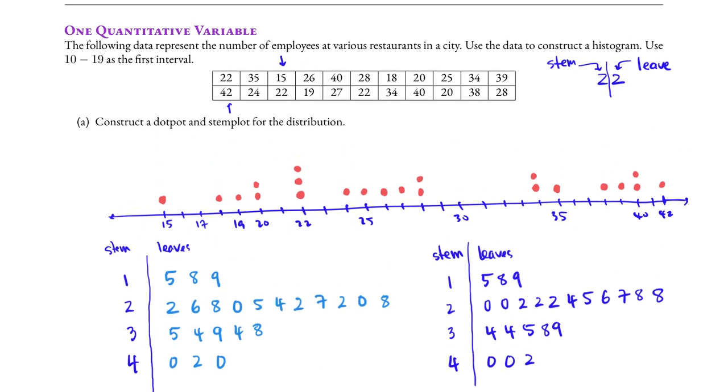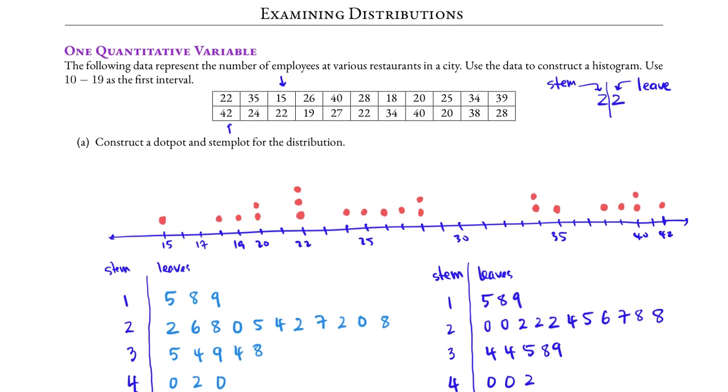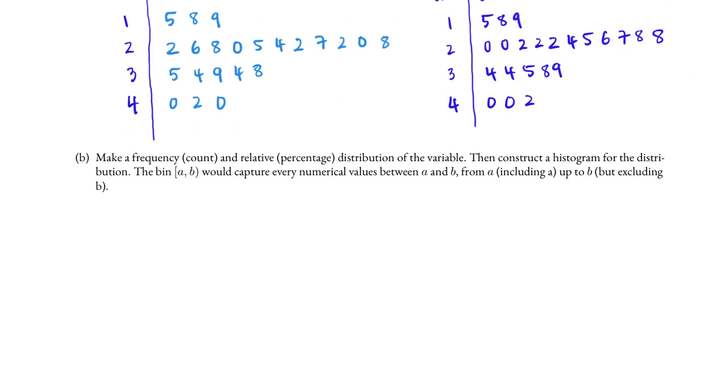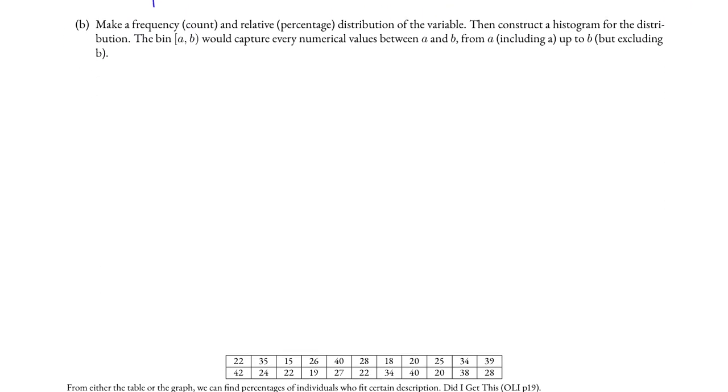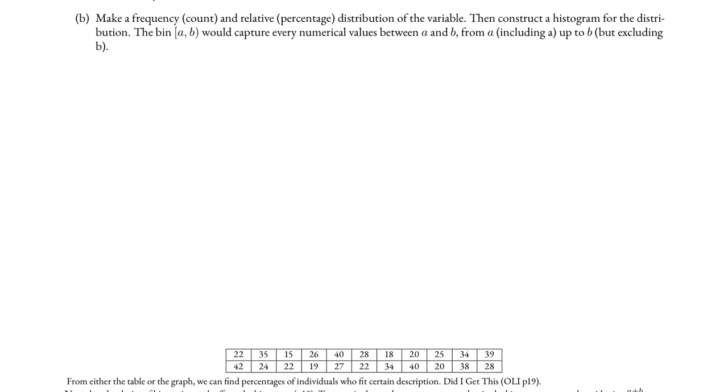It is up to us to consider the bin size, but we were told to use 10 to 19 as the first interval, and so we will have to do so because the interval was specified already. The first bin consists of numbers from 10 to 19.